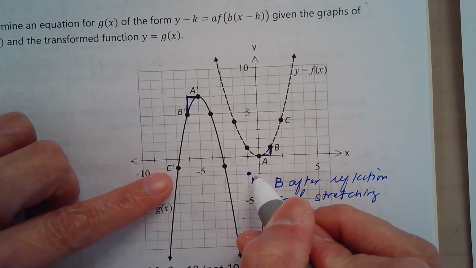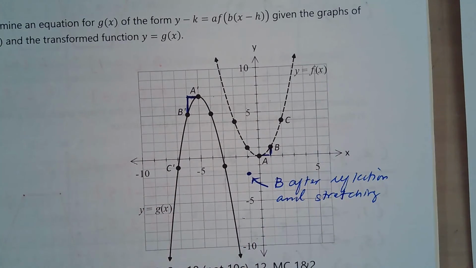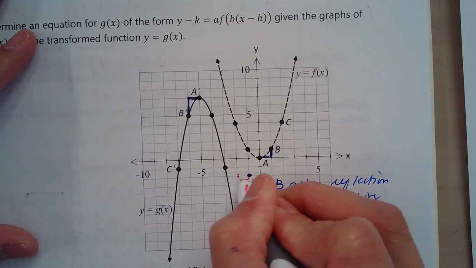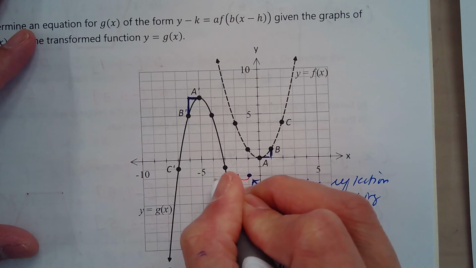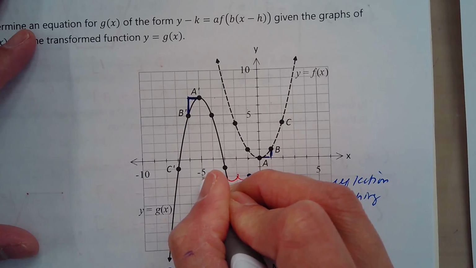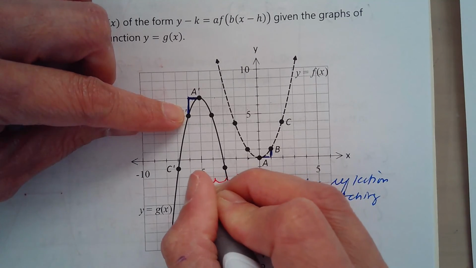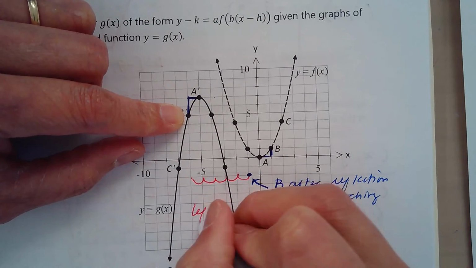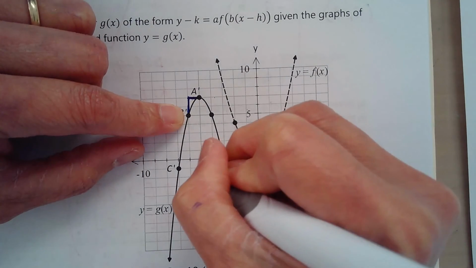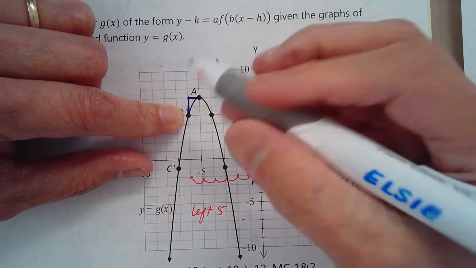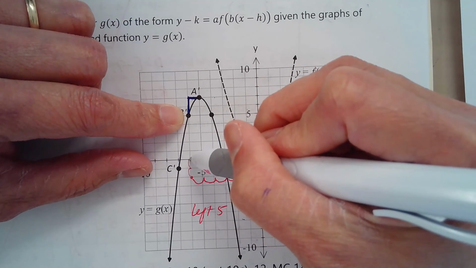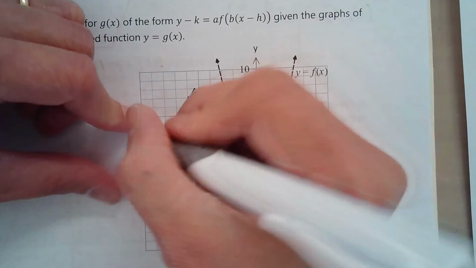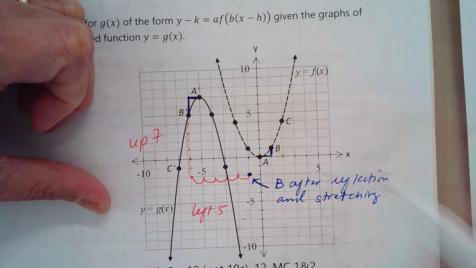So how many movements to the left? 1, 2, 3, 4, 5. Okay, so left 5. And how many units up? 1, 2, 3, 4, 5, 6, 7. Up 7.